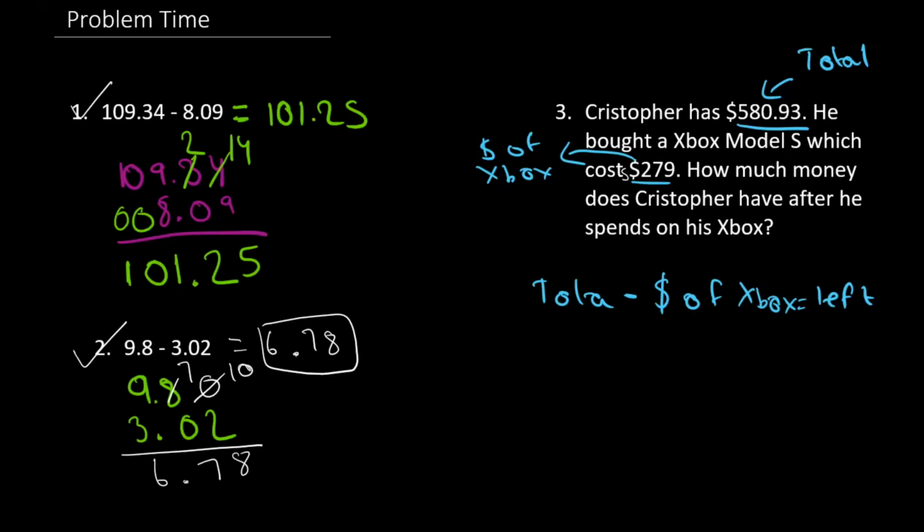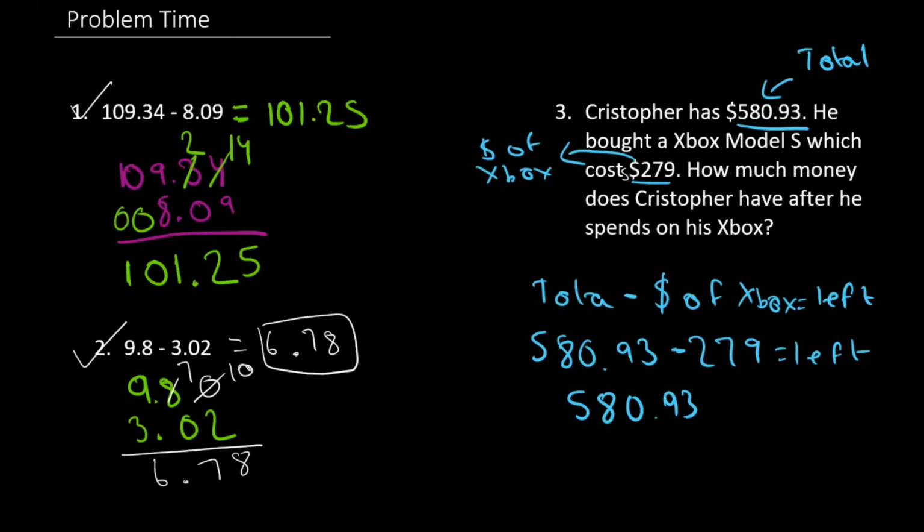So let's write $580.93 minus 279 will give you how much he has left. So let's do it. 580.93 minus 279. So in this we don't have to subtract any decimals, but then let's write two zeros to make it easier to understand.